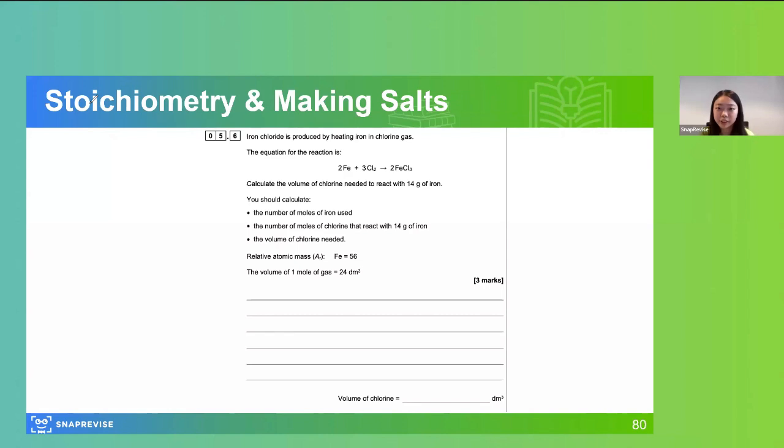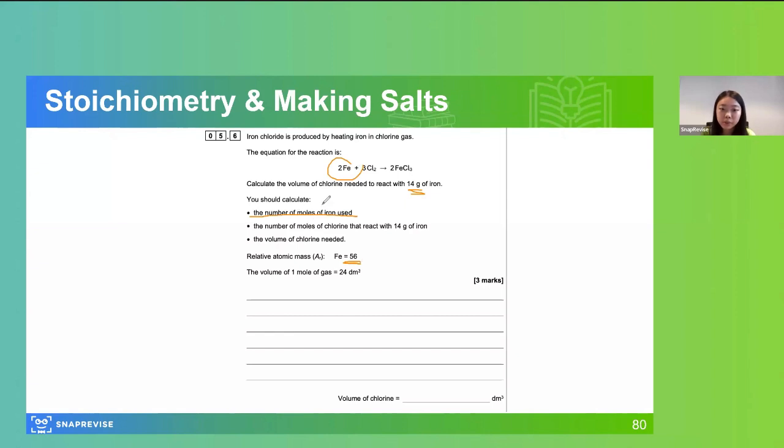Okay, let's just move on to the questions. Here it's asking you first to calculate the number of moles of iron used. It tells you have 14 grams of iron, and you also know that the relative atomic mass is 56.